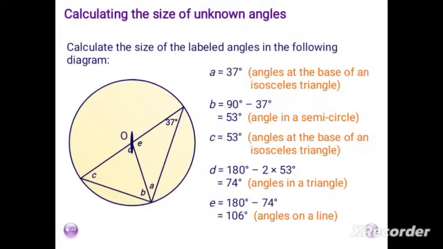You can also apply angles in a triangle add up to 180 degrees, because we have 37 degrees, and E and A, they are enclosed in a triangle, so that property can also lead you to finding the value of E. But very first, we can just pick angles on a line adding up to 180, that is 180 minus 74 degrees, so the value of the angle at point E is 106 degrees.